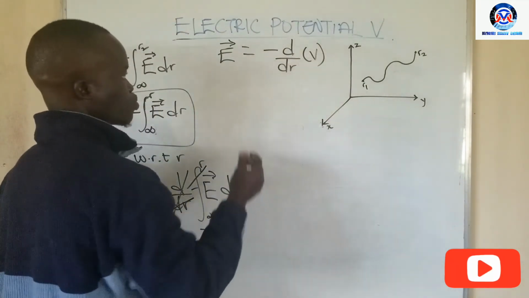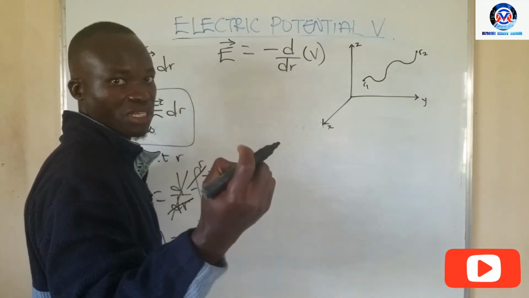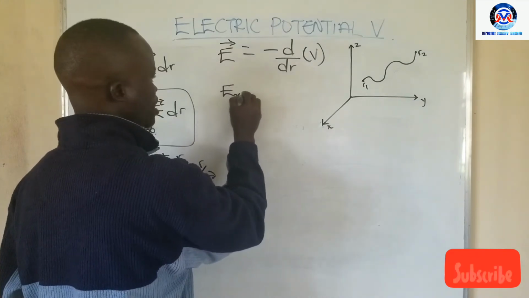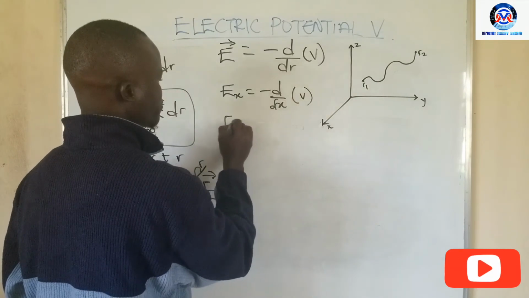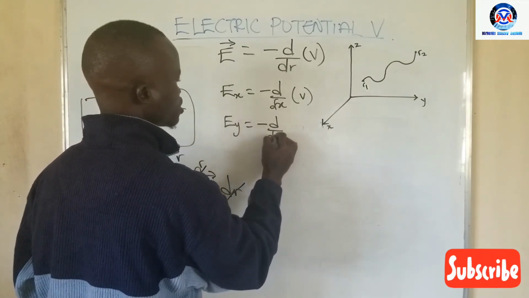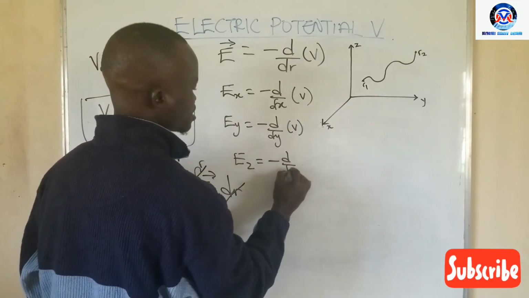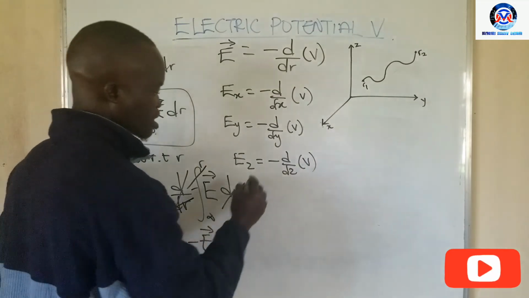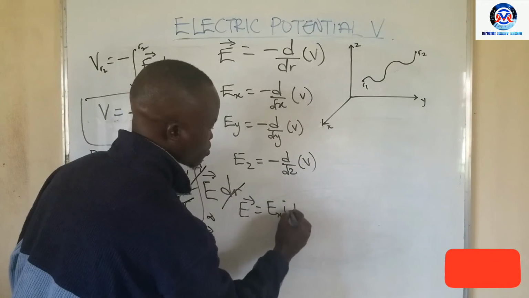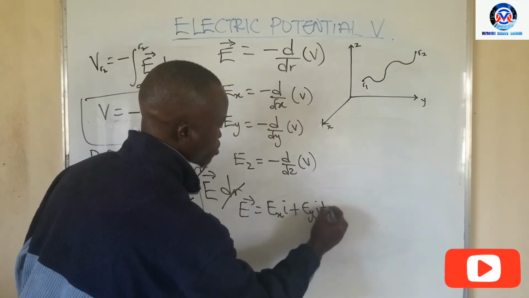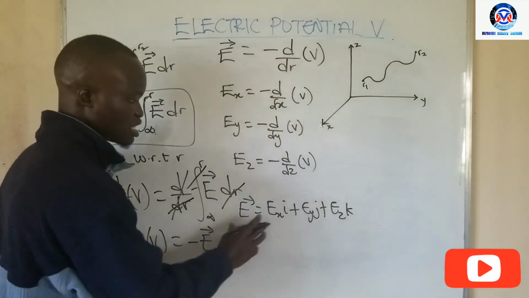That means we are going to have the components of the electric field in three places: the electric field along x is negative d dx of V, the electric field along y is negative d dy of V, and the electric field along z is negative d dz of V. So the electric field vector is the electric field along x plus the electric field along y plus the electric field along z. It is a vector quantity.